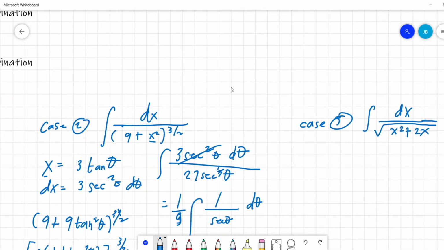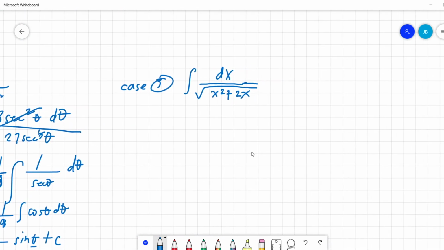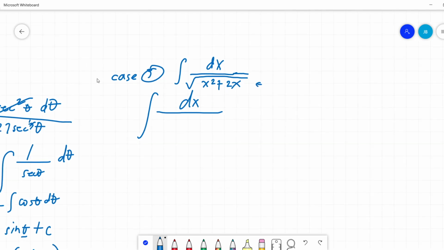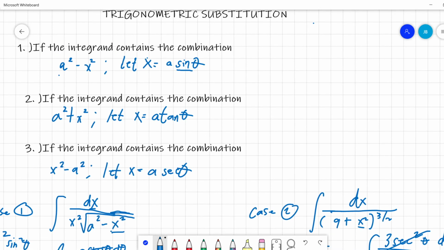But if we use algebra for simplification of the function inside the integrand, so therefore we have dx over, what should we do? So our target here is to make an equation similar to this one, matching one of the cases in our trigonometric substitution.